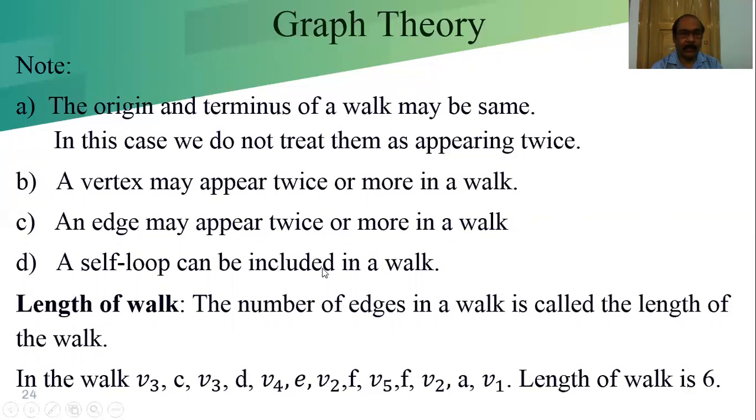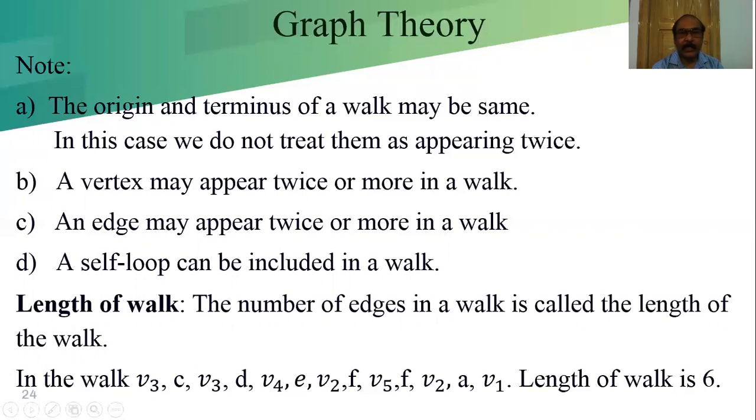That's why we are giving another definition, that is the trail. An edge may appear twice or more in a walk, but some books do not allow this. A self loop can be included in a walk, which I also showed you.